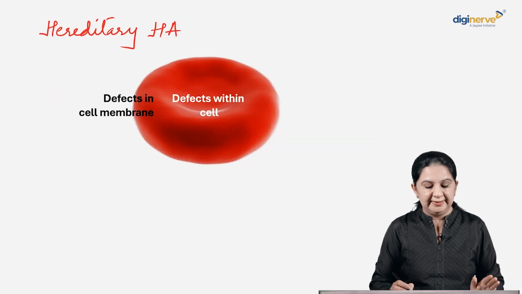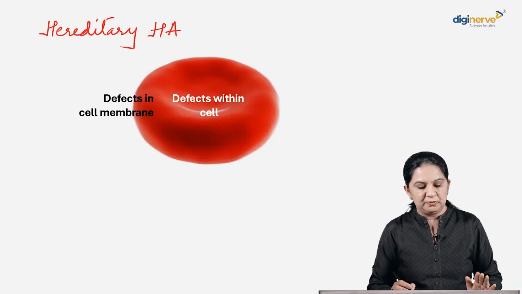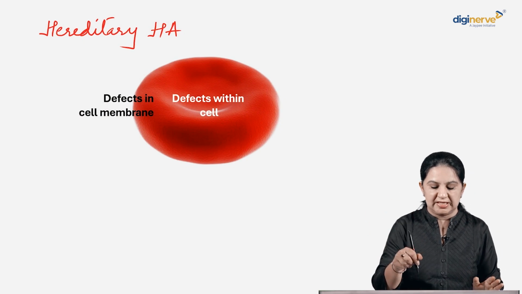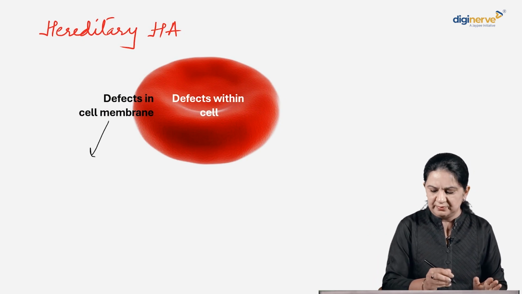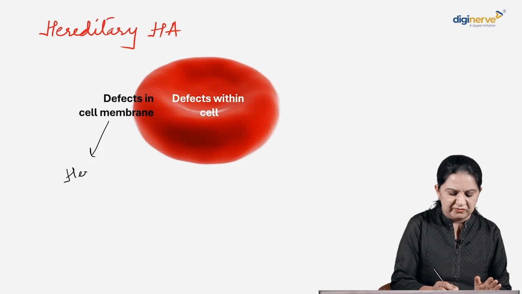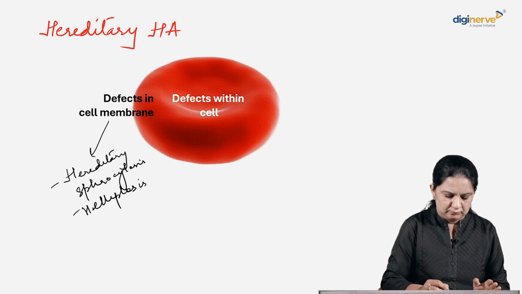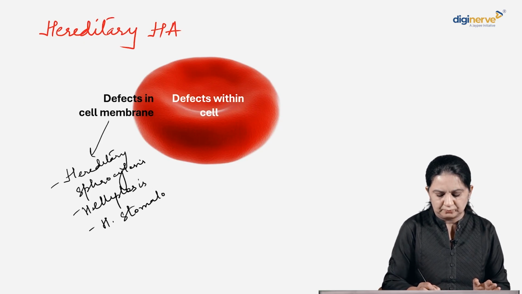Coming to the hereditary hemolytic anemias, these could be due to defects in the cell membrane or defects within the cell. Defects in the cell membrane could be hereditary spherocytosis, hereditary elliptocytosis, or hereditary stomatocytosis.